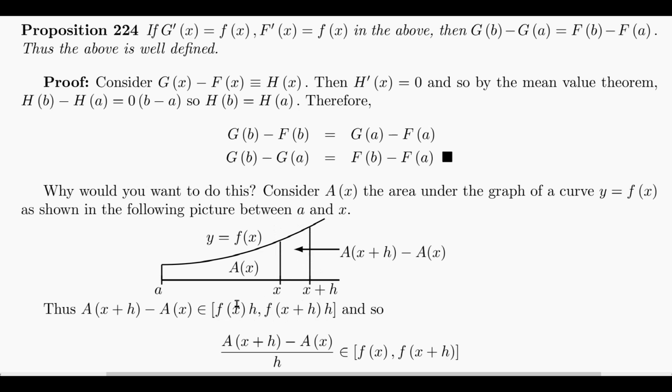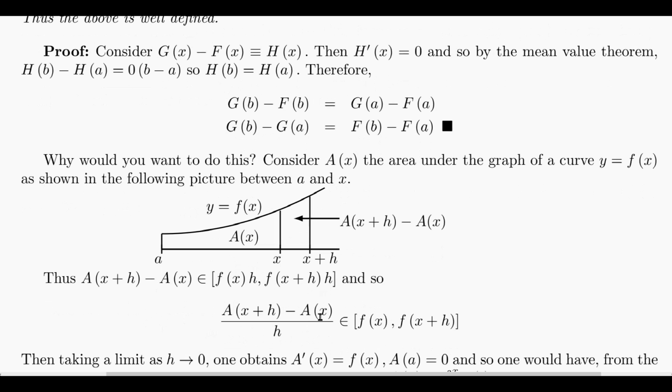And this would be the area of a rectangle that's too small, that would have height f of x. So you see what happens here is, if I divide through by h, I see that this expression here is somewhere between f of x and f of x plus h.